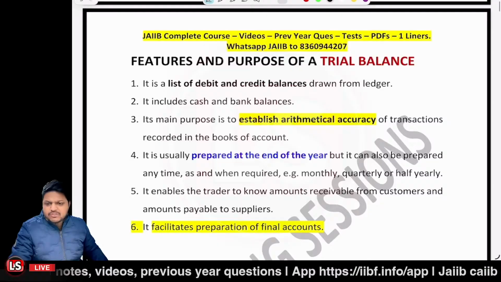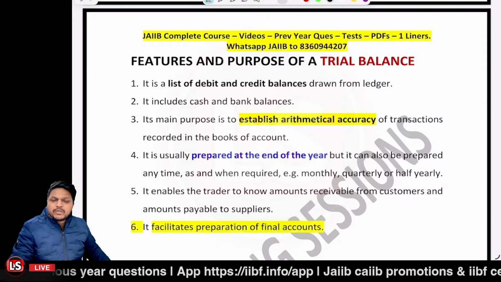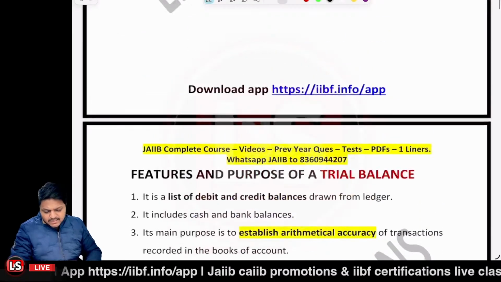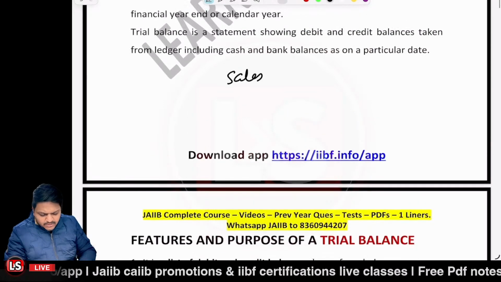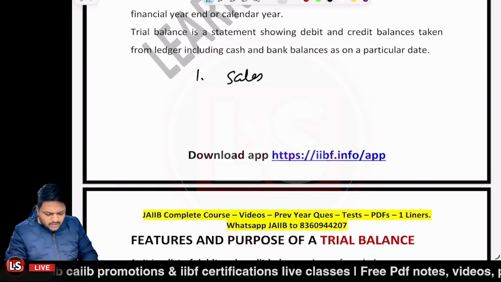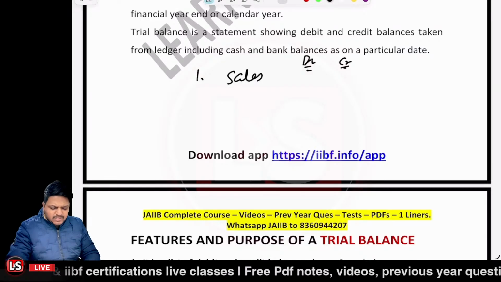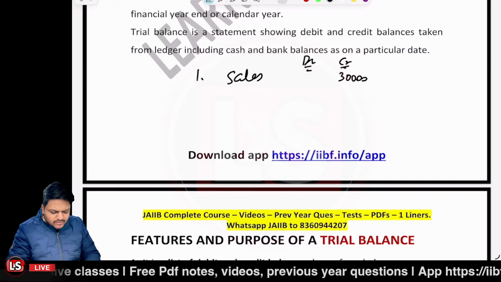Let's have a look at the features and the purposes of the trial balance. So it is a list of debit and credit balances. Let's say these are the particulars: serial number, particular, debit balance and credit balance. Sales has a credit balance of 3 lakh rupees, so we'll mention 3 lakh on this side.